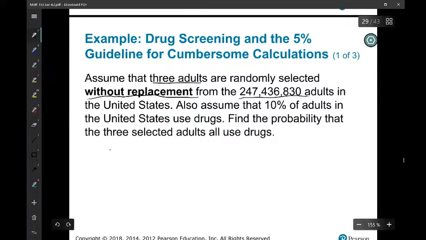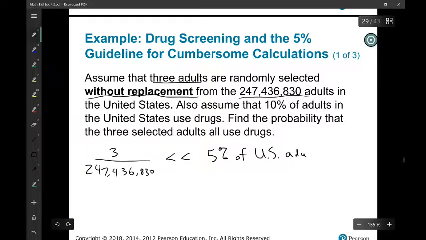So 3 out of 247,436,830 is far less than 5% of U.S. adults. This symbol here means far less than. It's a minuscule proportion of the adults in the U.S.